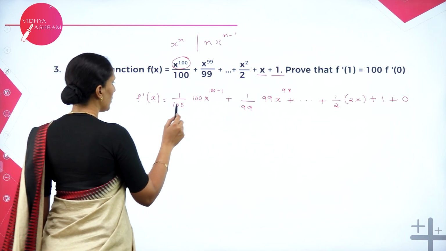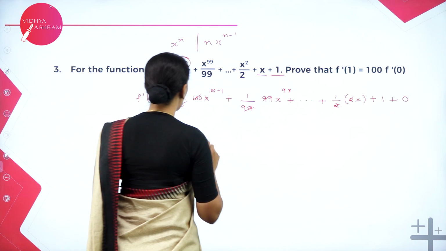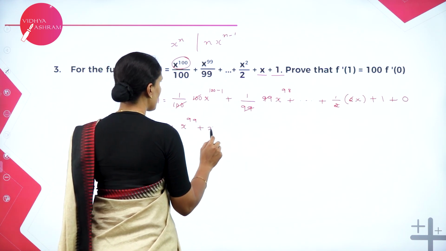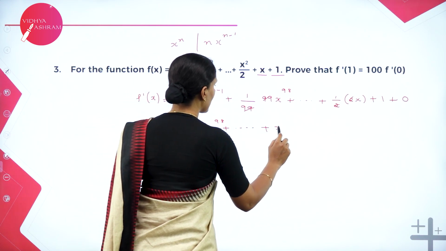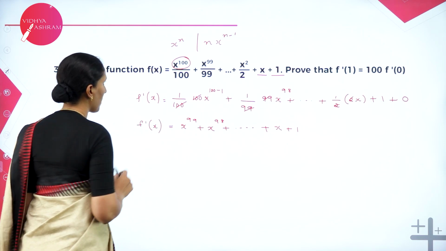Now here, whatever you may get the value, it always cancels with the denominator given. So therefore, this will be equal to x power 99, x power 98 plus etc. plus x plus 1. So this is f dash of x.